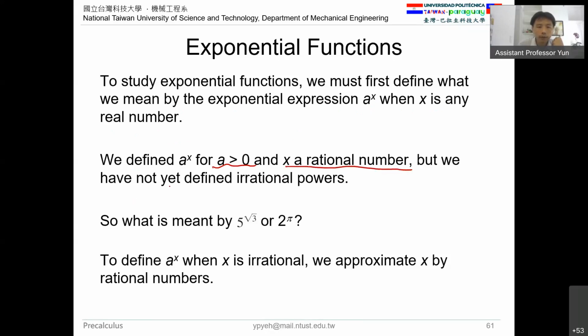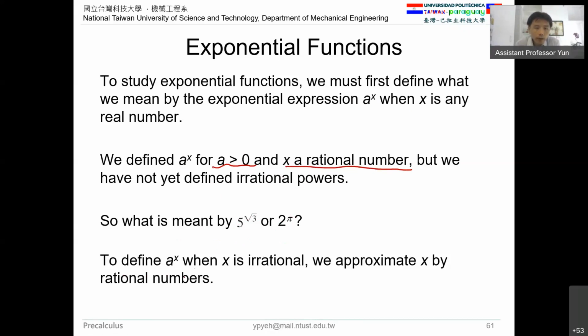But we have not yet defined irrational powers. So what do we mean by pi to the power of the square root of 3, or 2 to the power of pi?